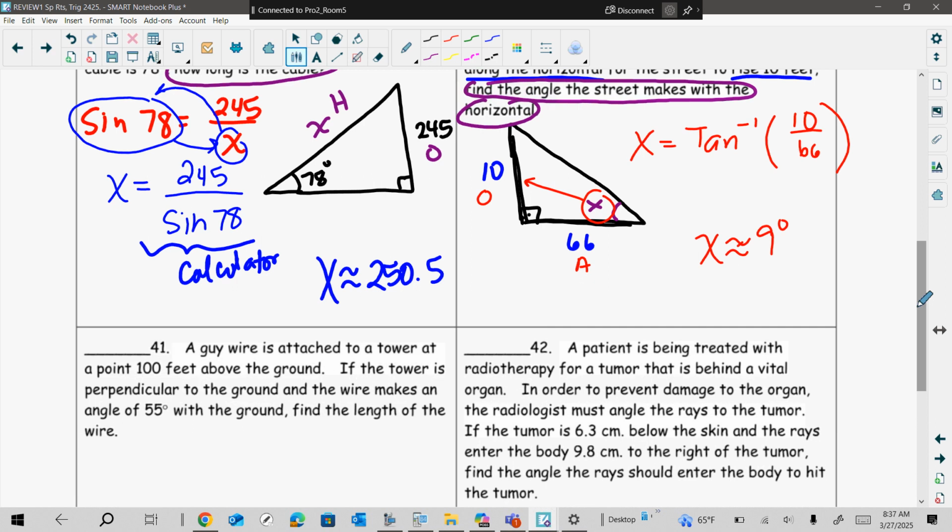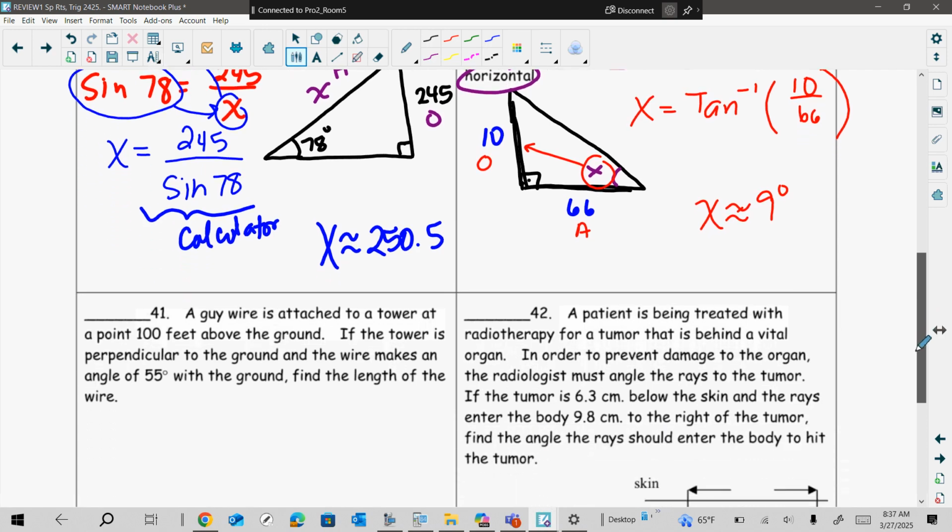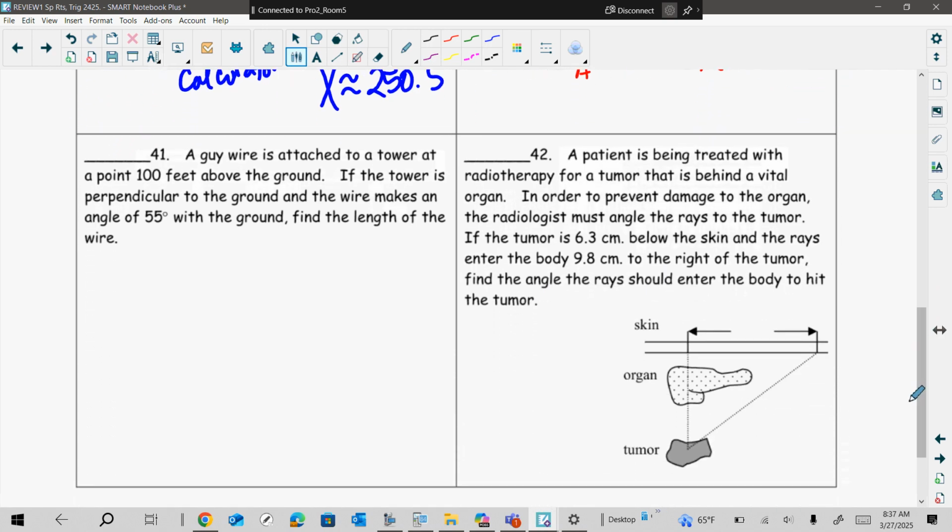All right, so number 41 is similar to number 39, another cable, another tower, okay? On 42, they kind of gave you the diagram, but you have to label it according to the given. So this is modeling using a ray to attack some cells. So it says right here, the tumor is 6.3 centimeters below the skin.